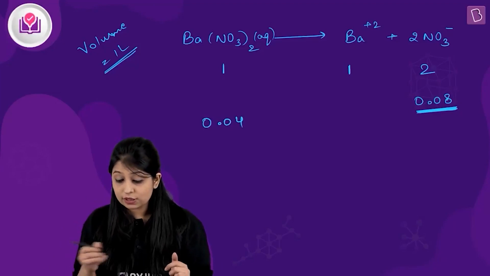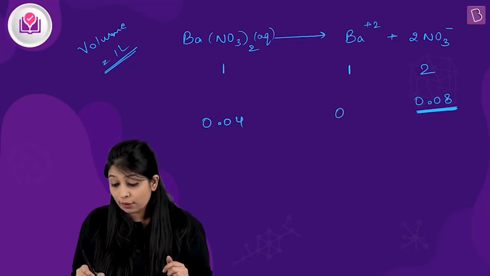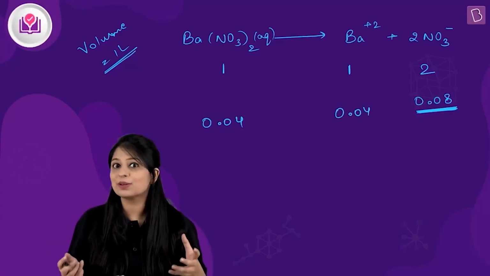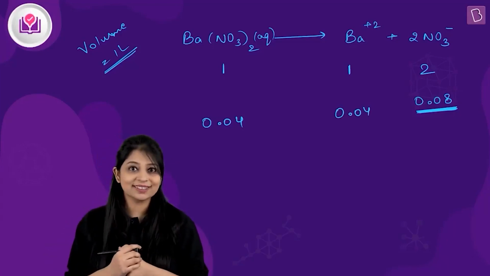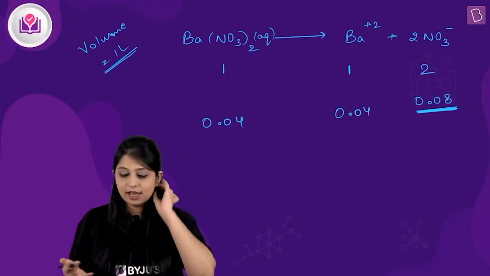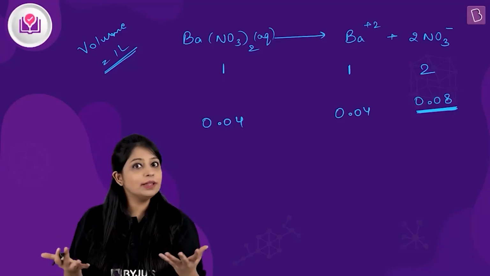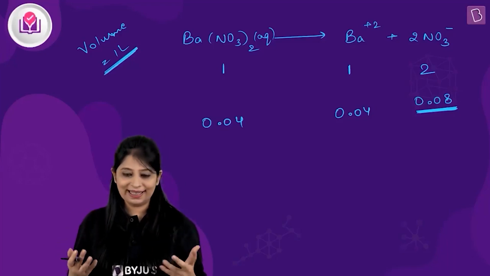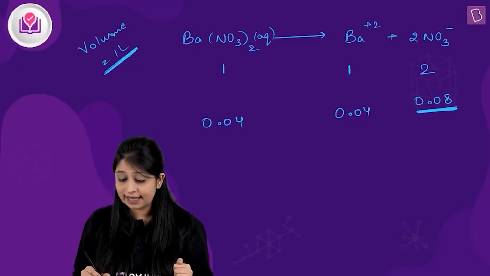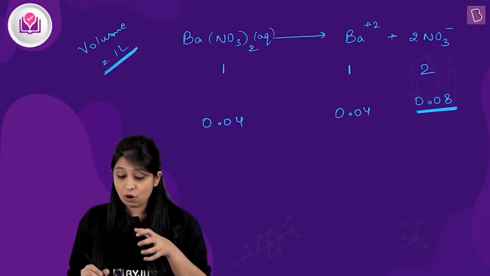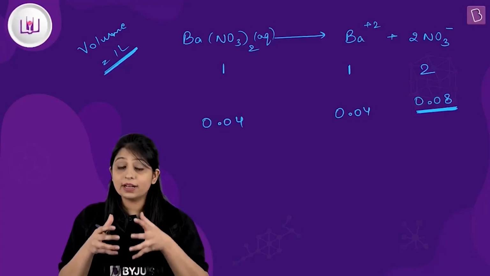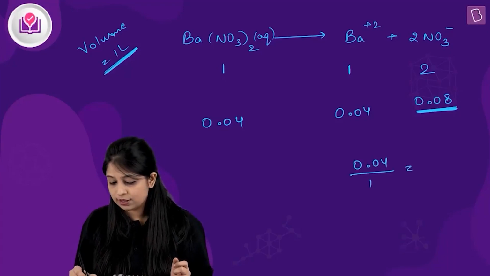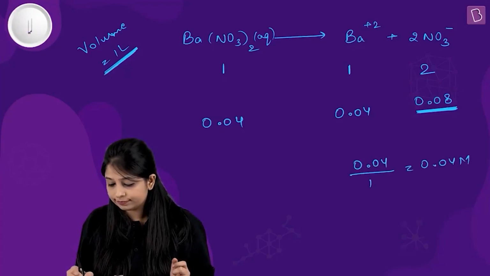And it would have dissociated to give 0.04 moles of barium ions, and we would have got 0.08 moles of nitrate ions. Correct? This would have been the equation. And since we have assumed the volume as 1 liter, we can say that the concentration of that barium nitrate aqueous solution would be 0.04 divided by 1, which is 0.04 molar.